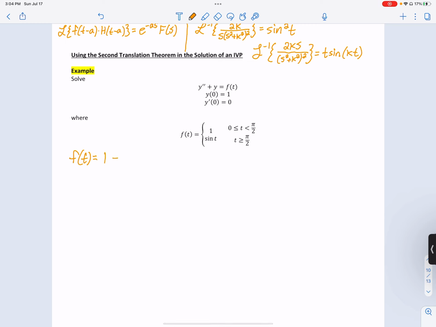So I get 1, but then I want to take 1 away when t is pi over 2. When it's pi over 2, I want to add sine of t. All right, we can put these together then. We get 1 plus sine of t minus 1 times the Heaviside t minus pi over 2.